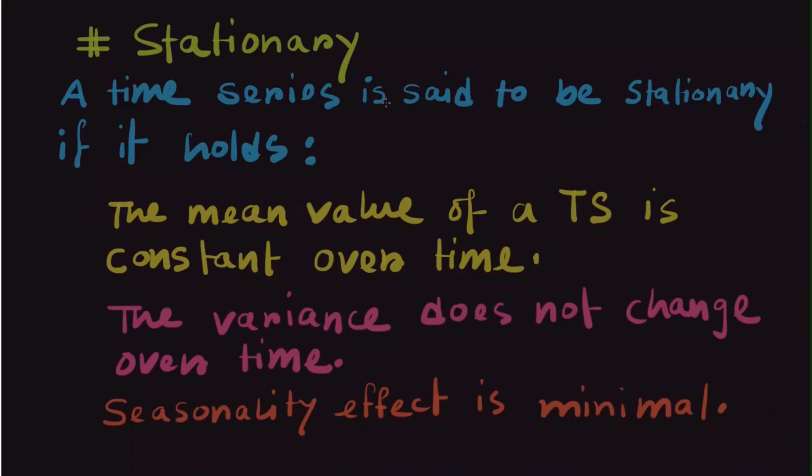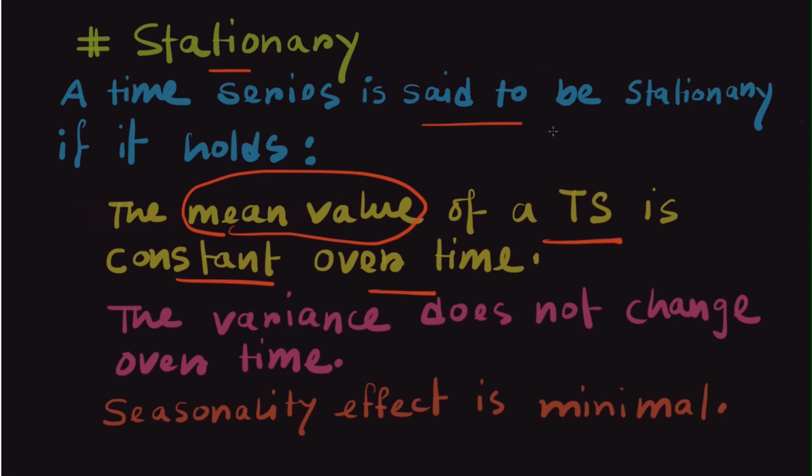Another important criterion in time series is called stationarity. So my dear learners, first you start with the components, and then you need to see whether your time series has a stationary or non-stationary problem. So what is stationary? A time series is said to be stationary if the mean value of the time series is constant over time.